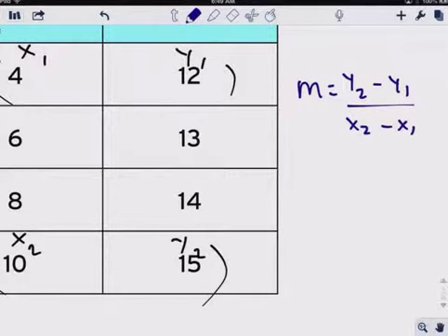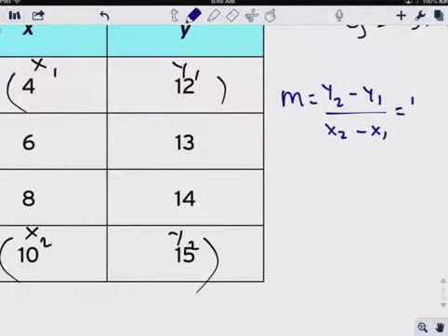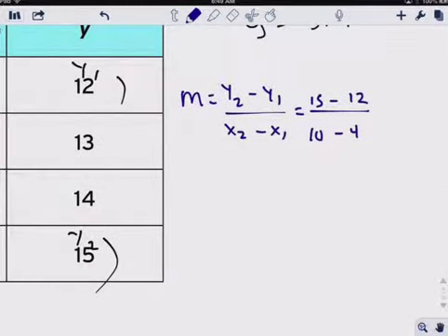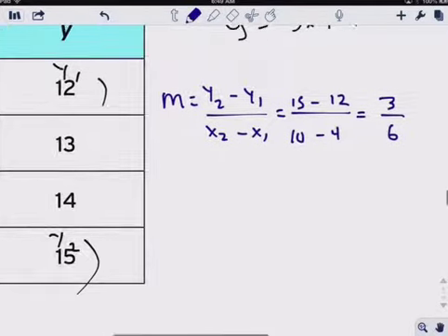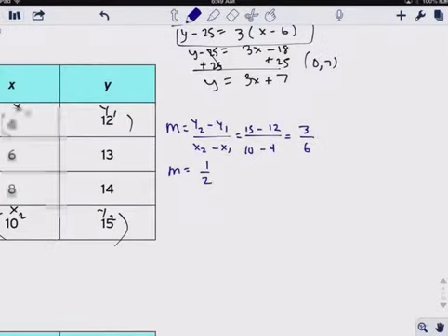Slope formula. Okay, y2 is 15 minus 12 over 10 minus 4. It's 3 over 6, or reduced to 1/2. And I'm going to use 10 and 15 as my numbers.